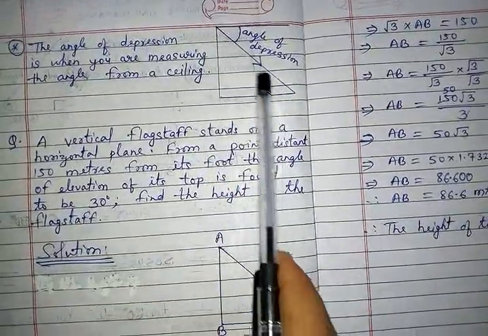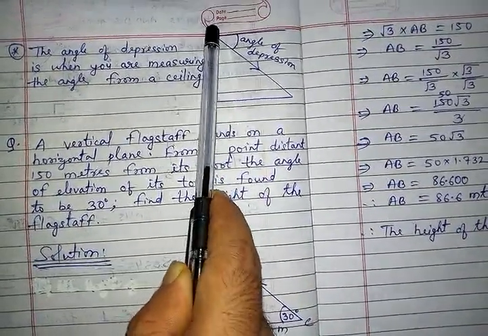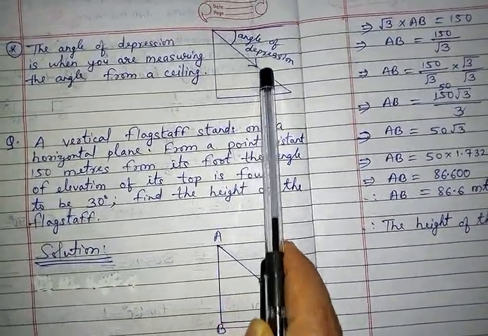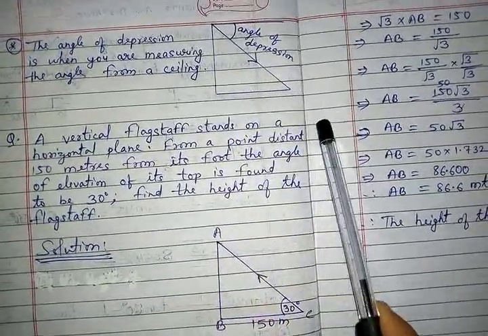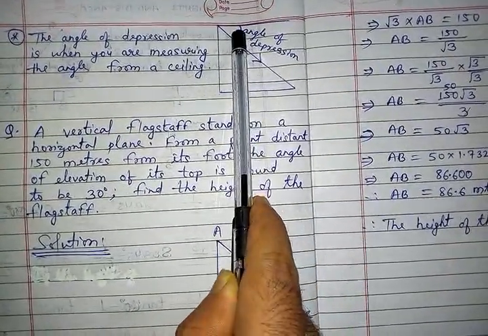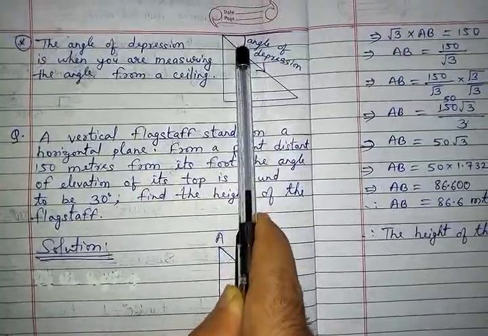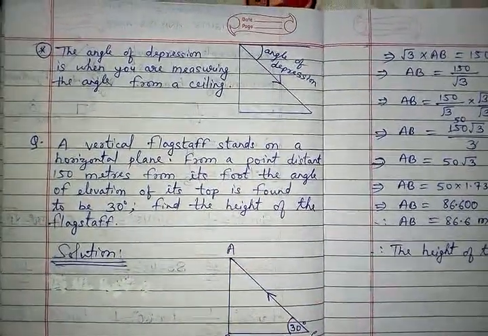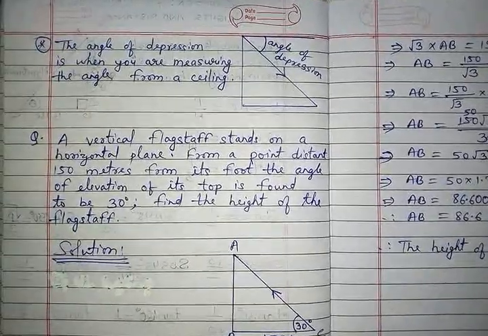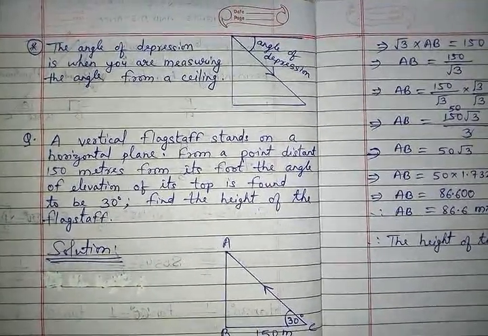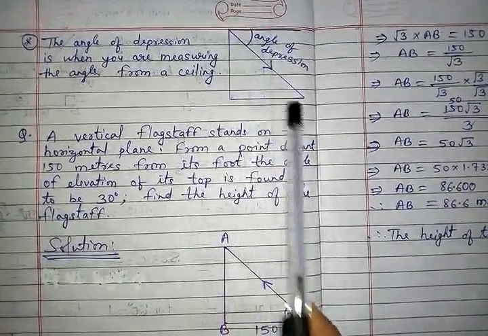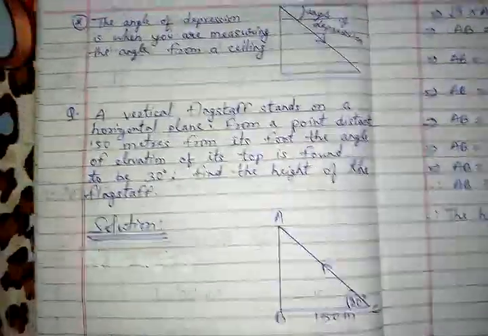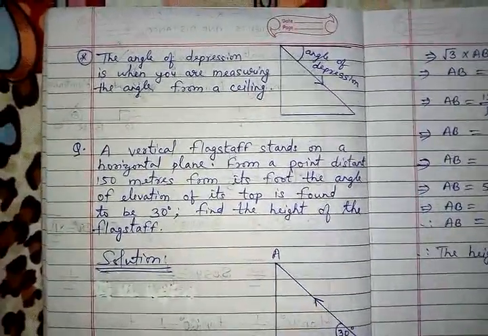Then your eyesight comes from top level to bottom level, so the arrow is facing towards the ground level. Then the angle is formed on the horizontal line at this portion. This is called angle of depression. So angle of elevation is from ground level to top, and angle of depression is from top level to ground level.